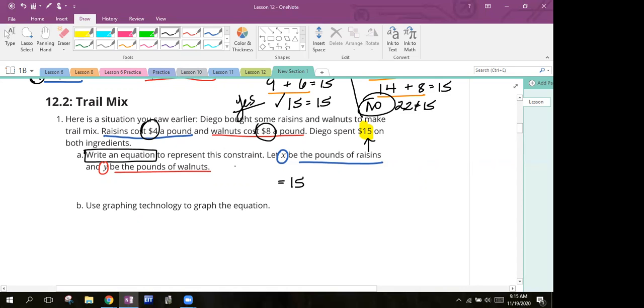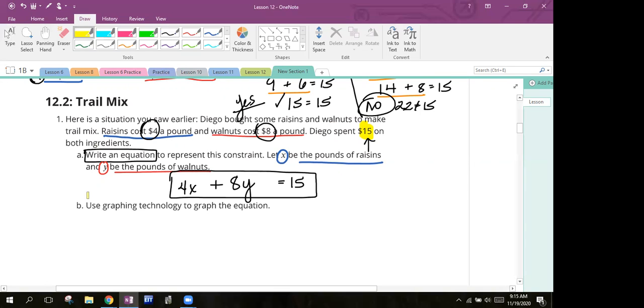So if I'm talking about 1 pound of raisins, I know it's going to cost $4. But if I have multiple pounds of raisins, I'm going to have to multiply that price by however many pounds we get. So that's going to be 4 times X. And then I'm going to add that to the price of the walnuts times however many pounds of walnuts I get. So that is my equation for this situation.